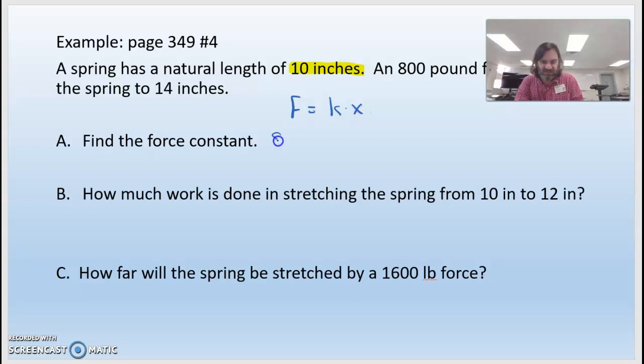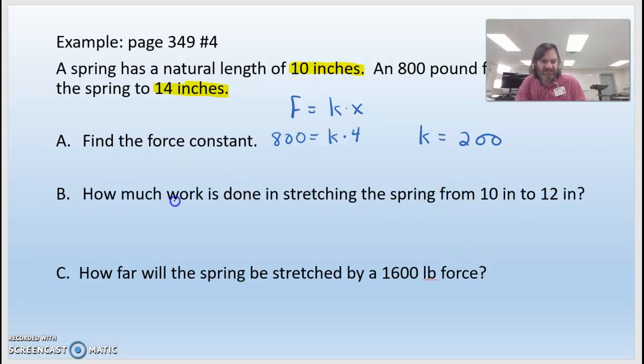They tell us the force is 800 pounds, so that's already a force. We're looking for the constant, so 800 equals k times the change, and it went from 10 inches to 14 inches. So how far did it move? Well, we used that 800-pound force to move it 4 inches. So if we divide that out, k here would be 200, and what would that be? That would be pound inches, so that's not really pound feet or foot pounds, but the constant here is 200.